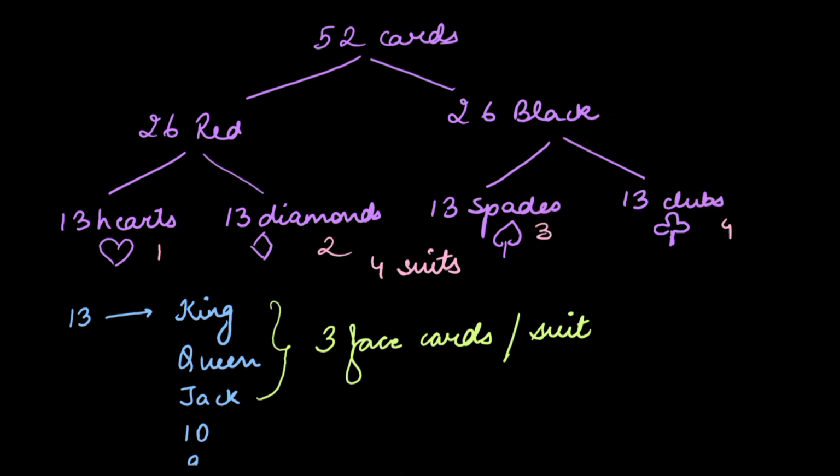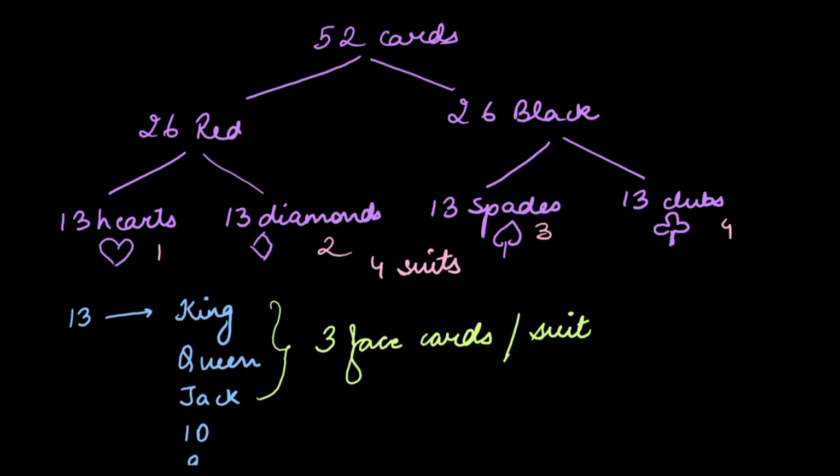There are 4 suits. These heart, diamond, spade and club are known as suits. 13 cards of each suit, which makes 26 red and 26 black, that is, a total of 52 cards.